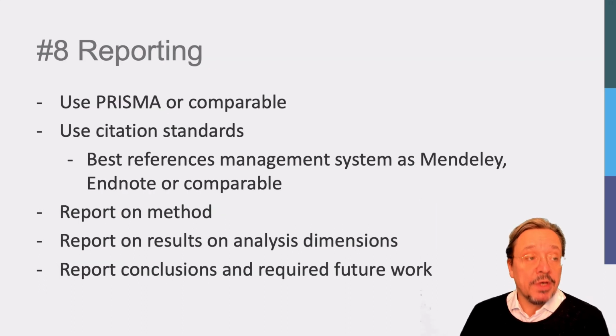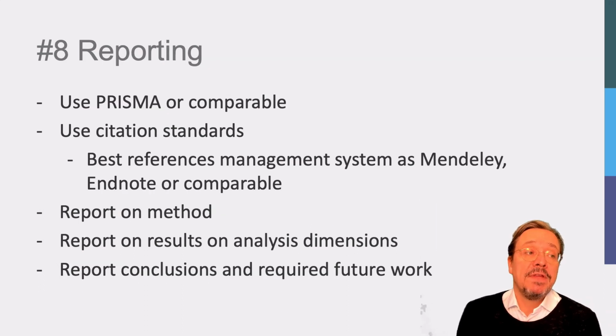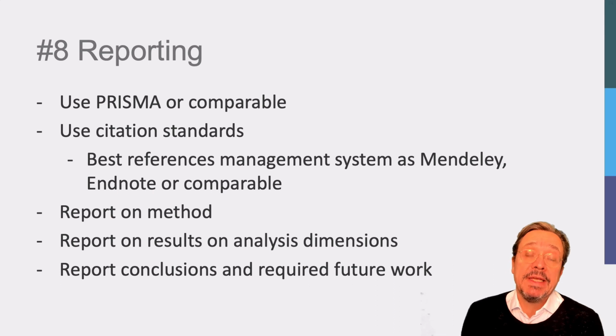For the reporting, I think you should use something like PRISMA or comparable to have a schema in steps where you clearly document how you start your search, in which databases you searched, how you reduced your corpus, how you analyzed your corpus.